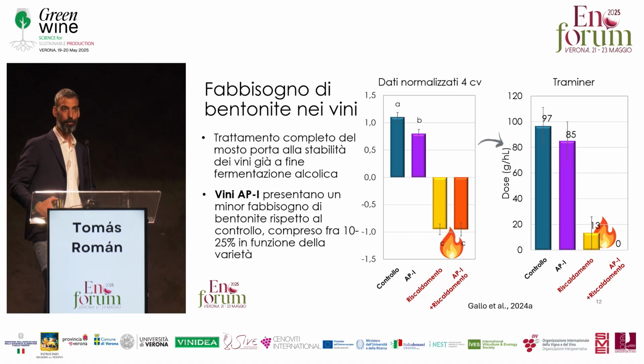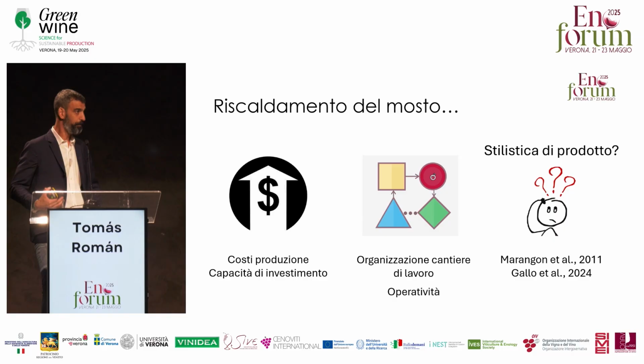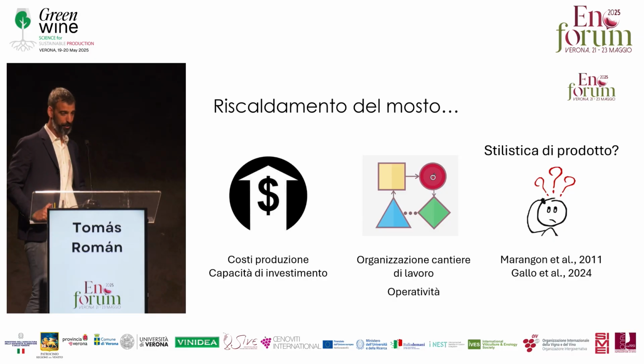The key factor that determines stability is given by heat and heat treatment, the last two columns to the right, but also that there's a tendency to reduce the need of bentonite. On the right-hand side, you have Traminer data, 100 grams per liter of bentonite as the control group, which reduced, and then the procedures that allowed us to reduce the required amount of bentonite.